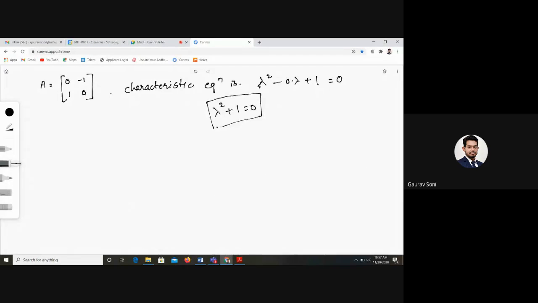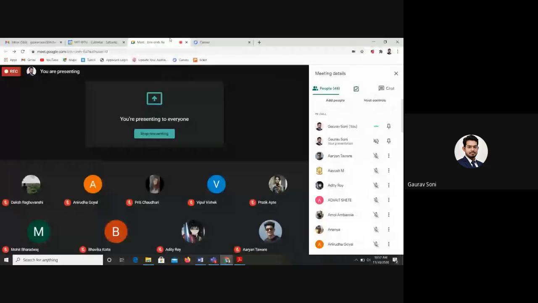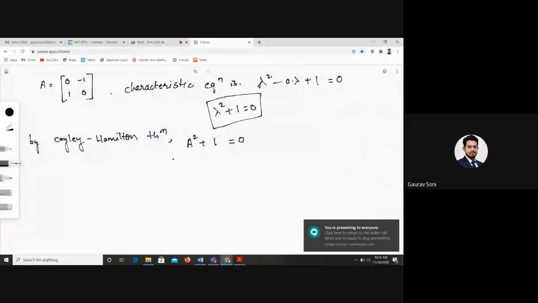Okay. So by Cayley-Hamilton theorem, the matrix A will satisfy this equation. What will it mean? A square plus 1 is equal to 0. What do we mean by 1 here? 1 is nothing but the identity matrix.